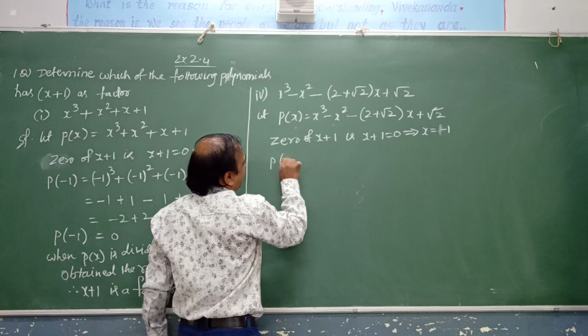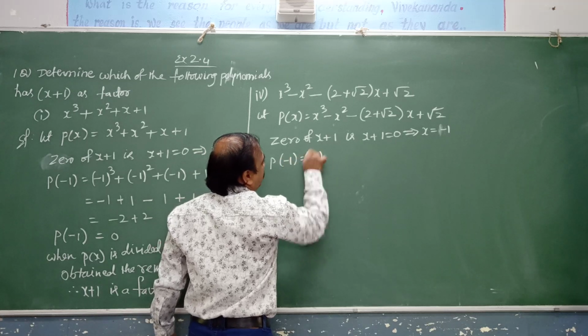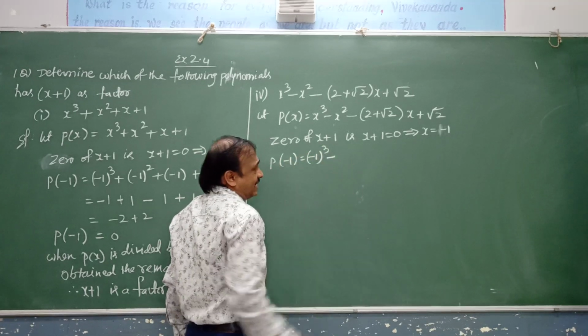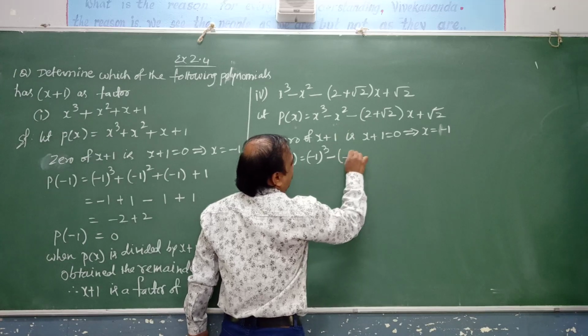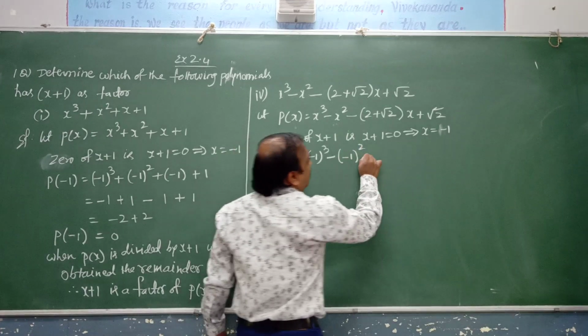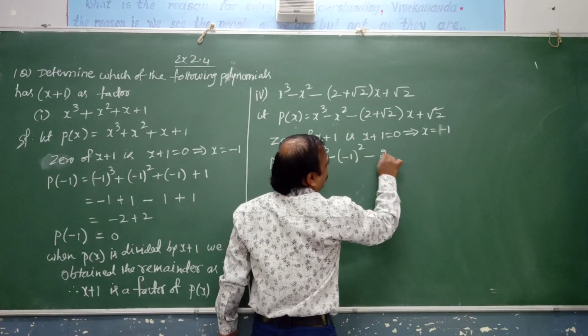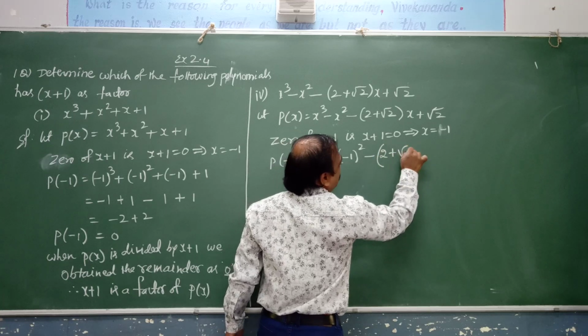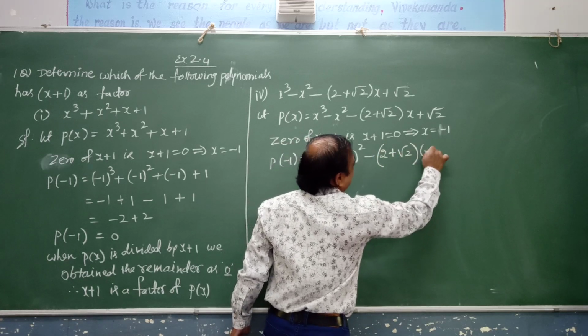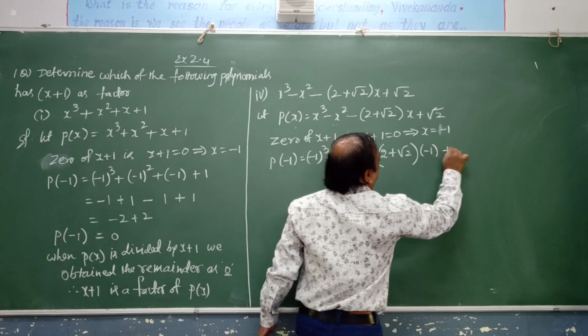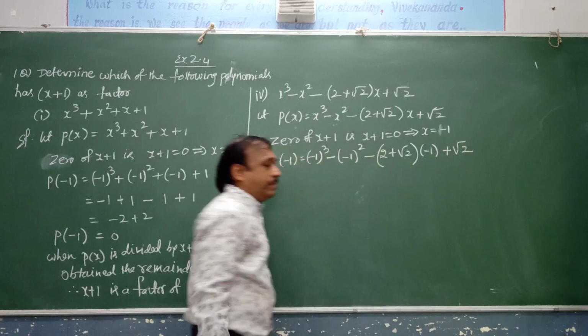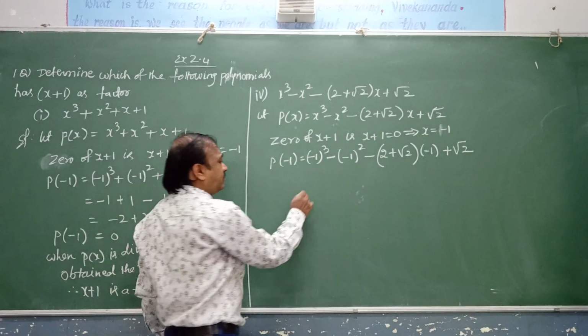So P of minus 1 is equal to (minus 1) whole cube minus (minus 1) whole square minus (2 plus root 2) into (minus 1) plus root 2.